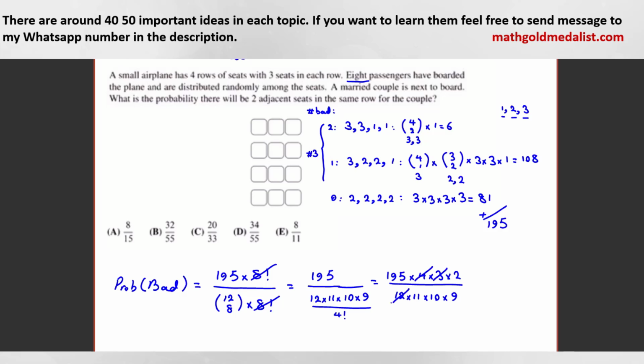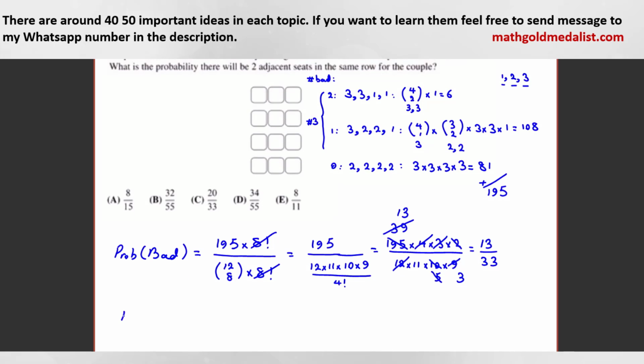Now 4 times 3 is 12, and you can cancel 2 by this, 5 by this. It will be what? 3 times 5 is 15, 45, 9. Now we can cancel 39 and 9 by 3: 13 and 3. So it will be 13 over 33.